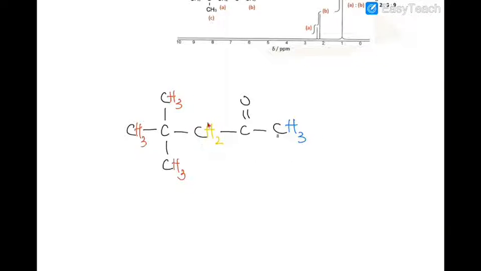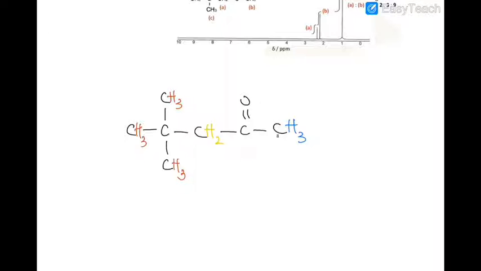The two hydrogens here are in the same environment. They are attached to a carbon bonded to three CH3 and a carbon bonded to O and CH3. And these three hydrogens are also in the same chemical environment.